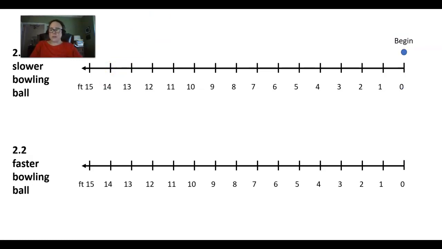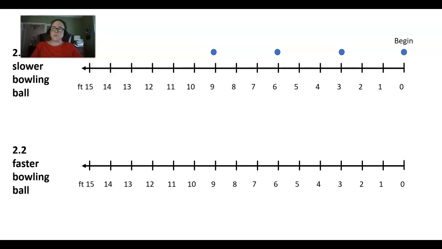Then, after a second had passed, the lady put down a packet and it was about 3 feet away. So my next position dot is at the 3 foot mark. And then after another second passes, the bowling ball was at the 6 foot mark. And after another, it's at the 9 foot.